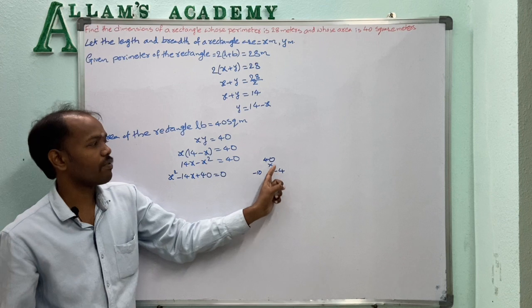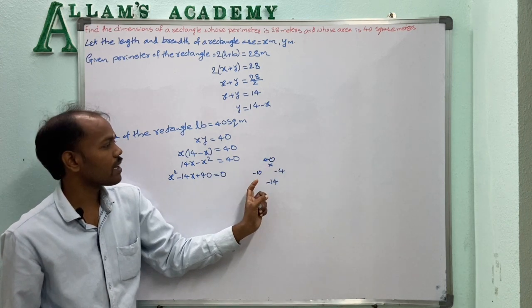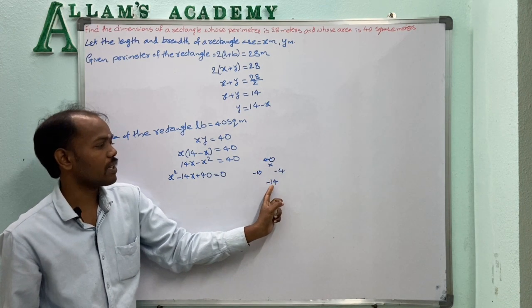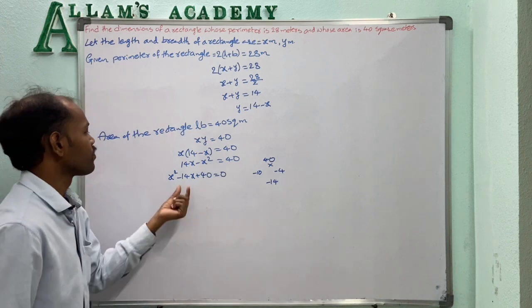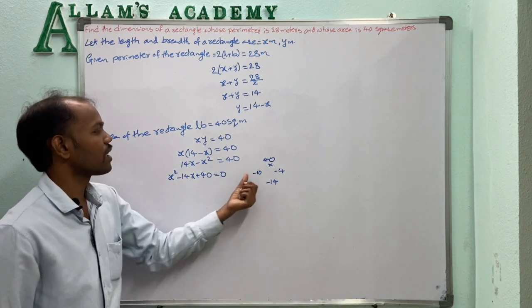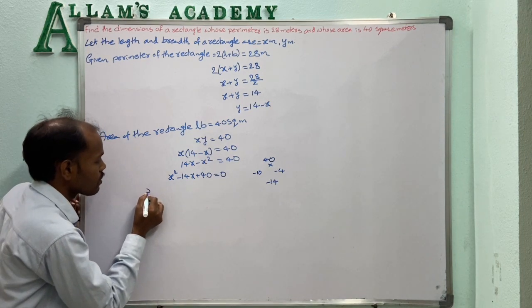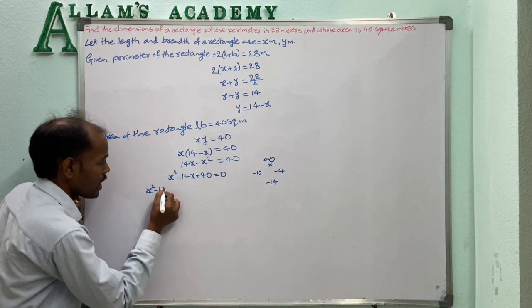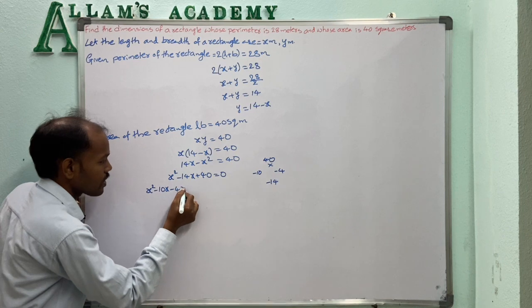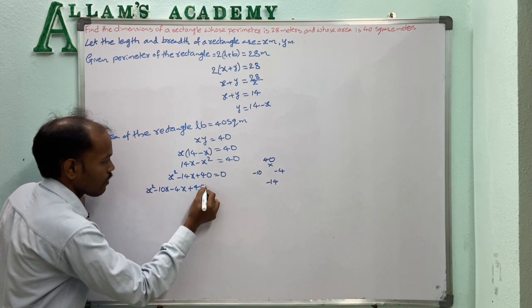Minus 10 into minus 4 is plus 40, and minus 10 minus 4 is minus 14. So in the place of minus 14x, we write minus 10x minus 4x. So x square minus 10x minus 4x plus 40 equal to 0.